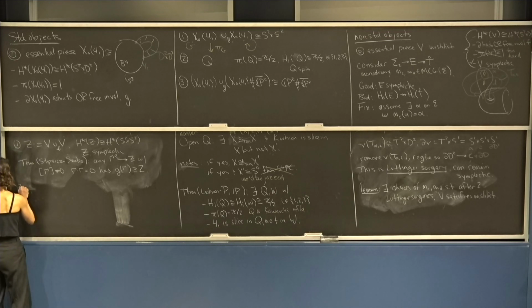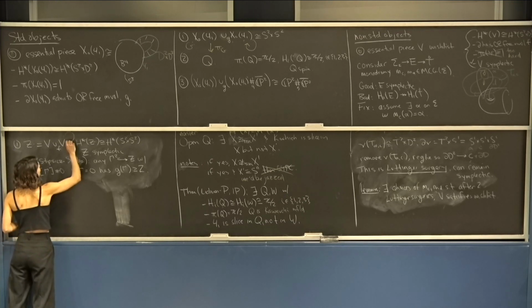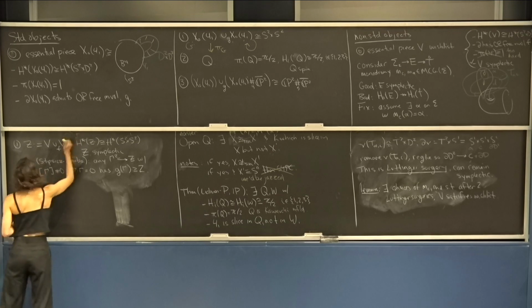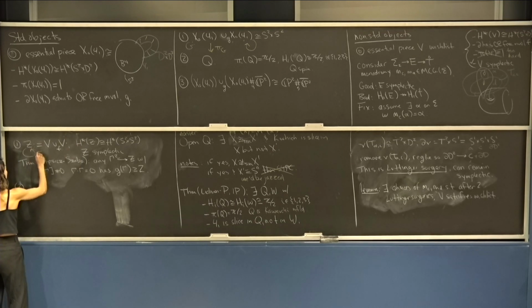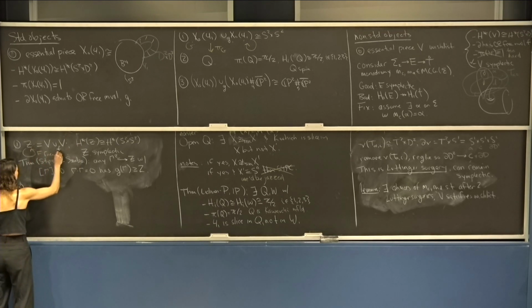OK, great. So 2, we're going to get the manifold W from the theorem. Exactly as before, we have this free involution F on Z. Maybe I should write it over here. And orientation preserving.